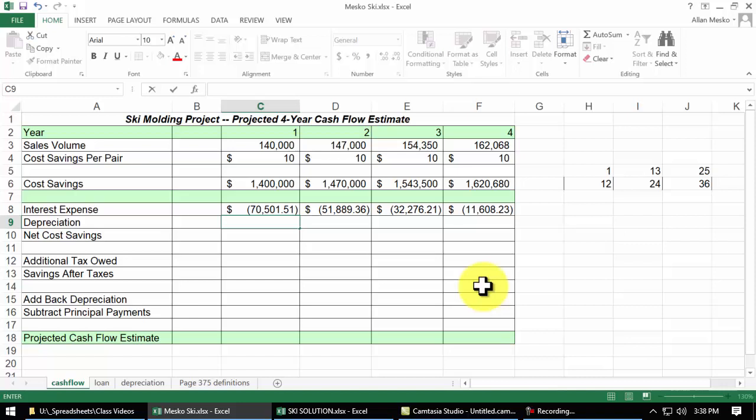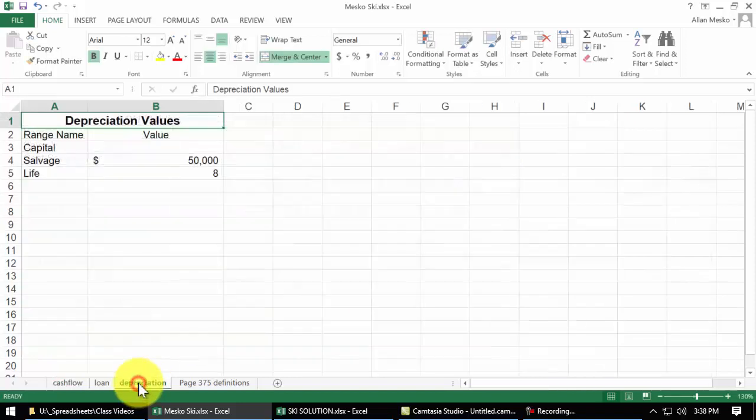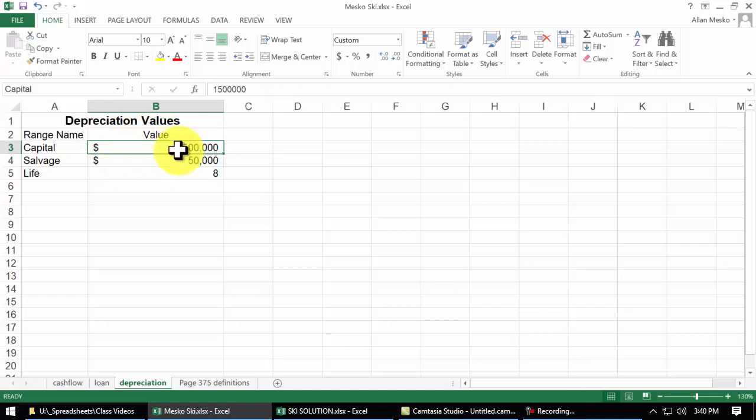Use named ranges. So on the depreciation sheet, our cost is going to be the $1.5 million that we are borrowing. Our salvage value is $50,000. The life is 8 years. And notice we have named those cells salvage, capital, and life.